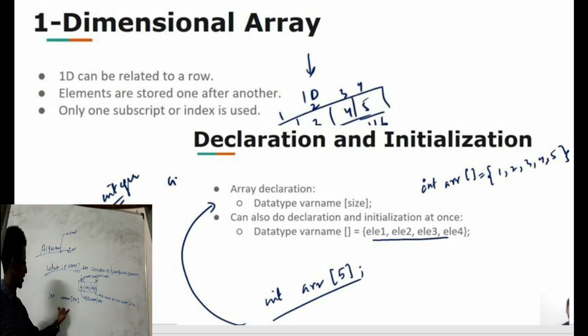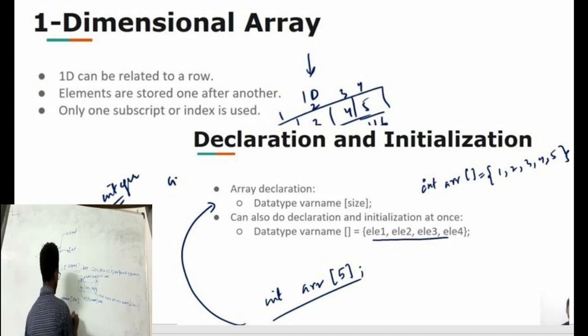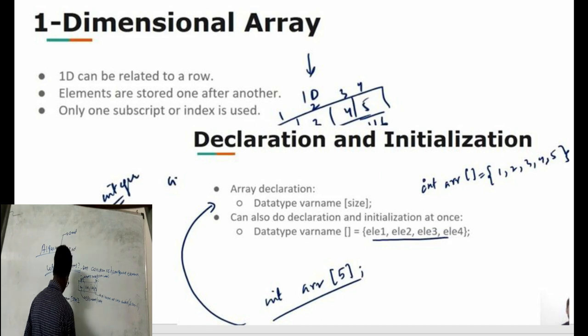This is array declaration. For example, int ID num of a group of students, size 5.